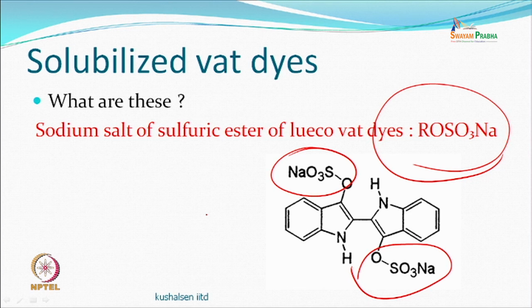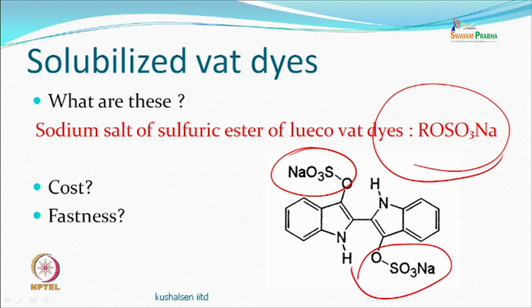Okay. So you can go on silk, you can go on cotton, you can go on rayon, you can print on nylon, no issues. But why should you? That is a separate question. Cost is very high. Fastness, would you like to have any questions on the fastness? Do you think the fastness will be different? It should not be. It is the same molecule.